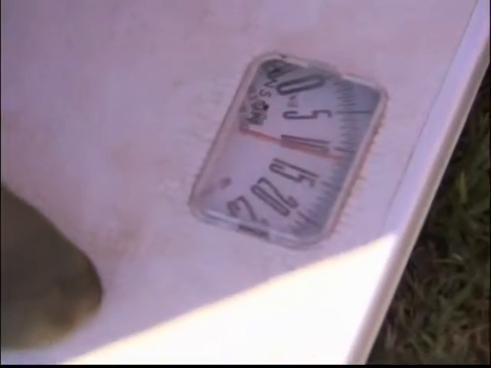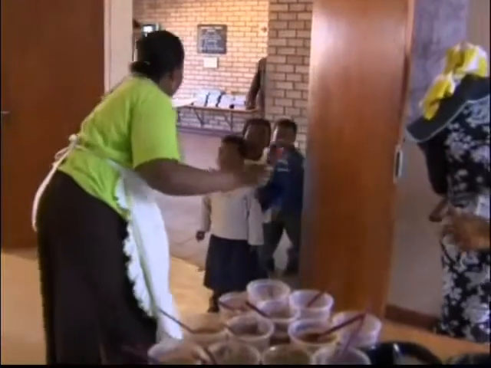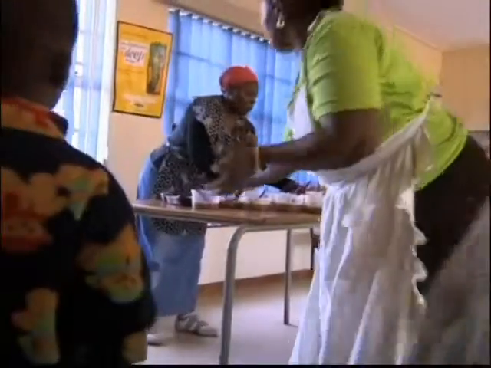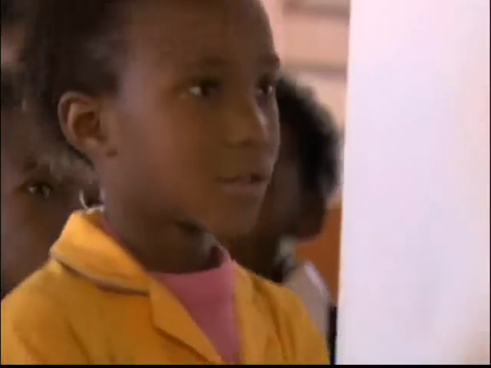Estimates cited by the International Food Policy Research Institute say biofuels account for more than 30% of the food price increases. What is certain is that many people across the developing world are feeling the pinch.